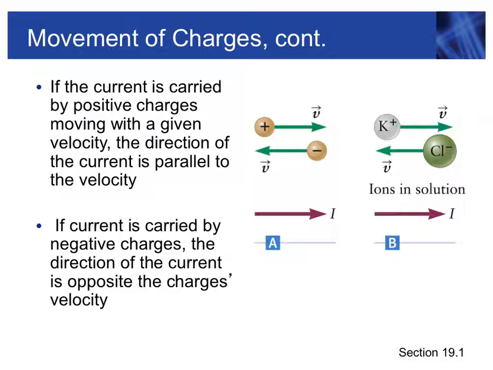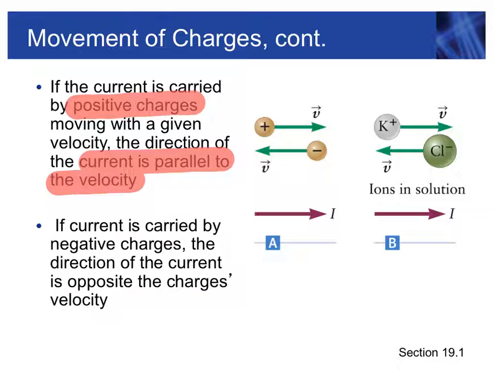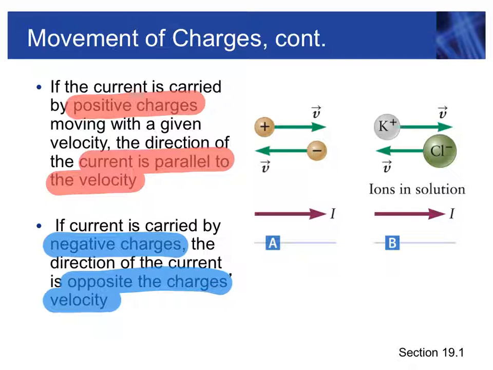If the current is carried by positive charges moving with a given velocity, the direction of the current is parallel to this velocity. On the other side, you have to remember that if a current is carried by negative charges, the direction of the current is opposite to the charge's velocity.